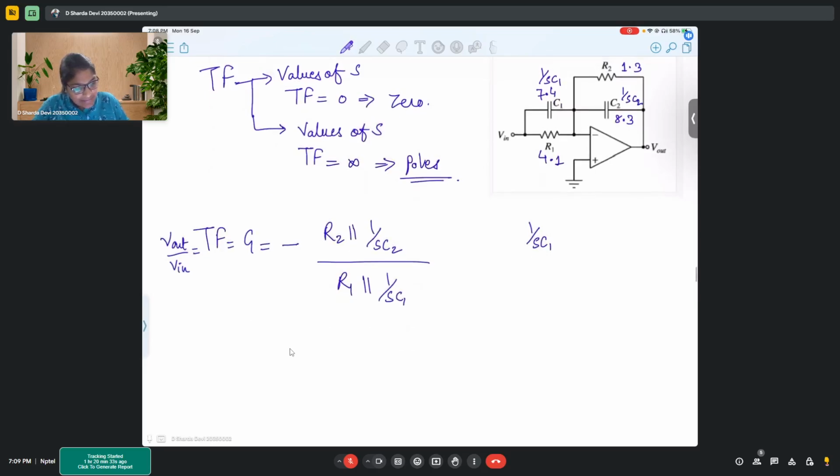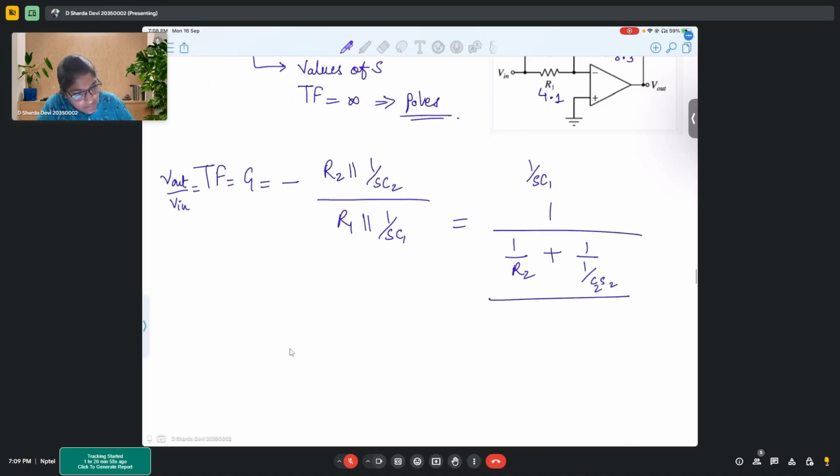How would you solve them? It is like 1 upon (1 by R2 plus 1 by 1 upon C2S) over 1 upon (1 by R1 plus 1 by 1 upon SC1).